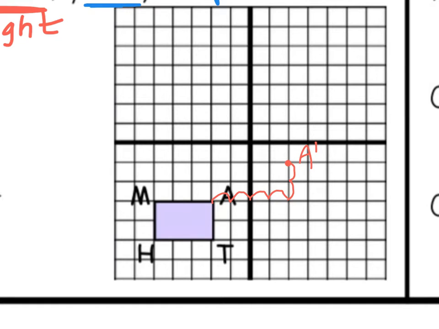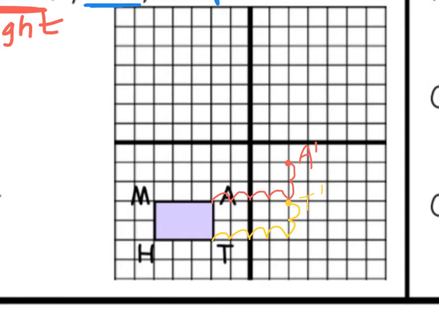All right, let's do T next. Same rule for letter T. We're going to go 4 units to the right and then 2 units up. So that lands us right there. Okay, and then that is called T prime.